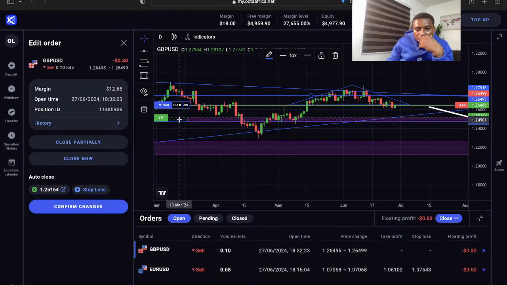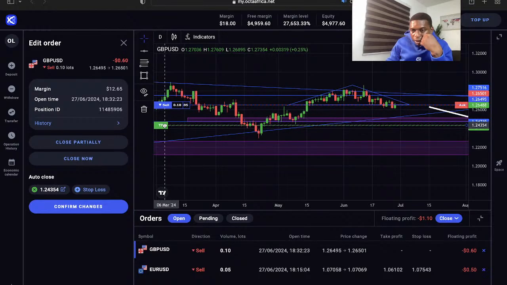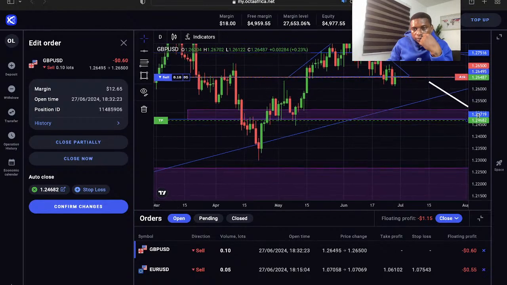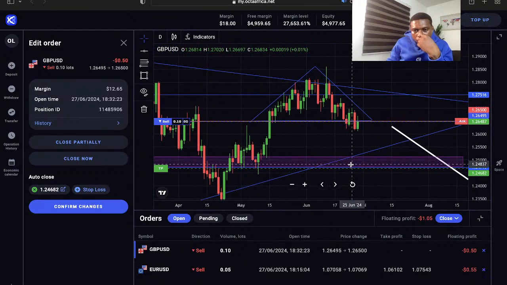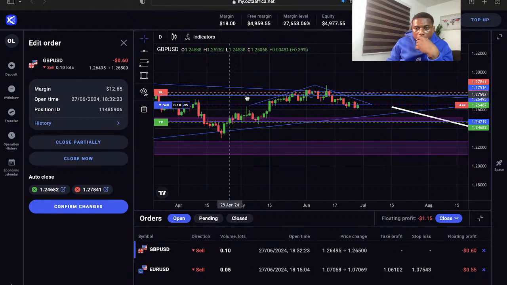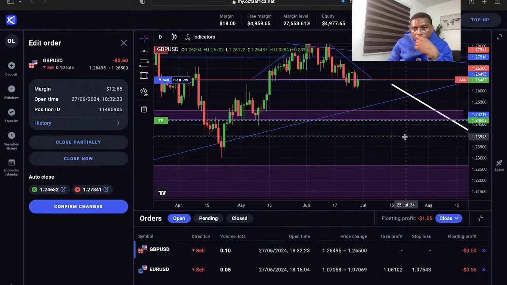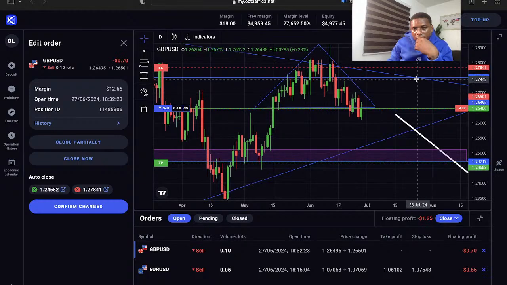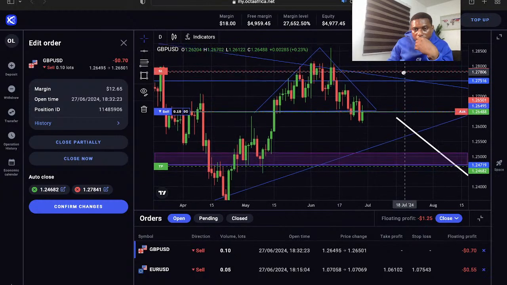Now let's do this. I'll just move it from here. So I want my take profit order to be here. Then my stop loss order is good where it is currently. You can just adjust it downwards.